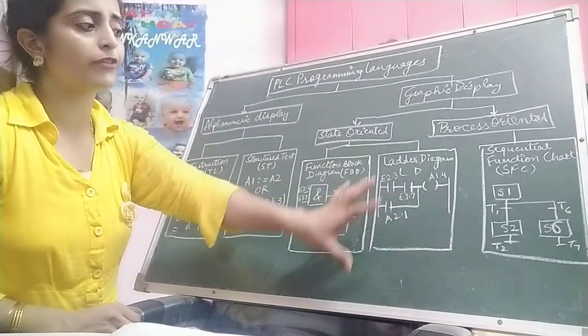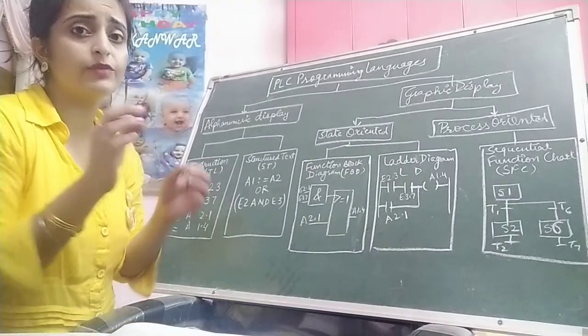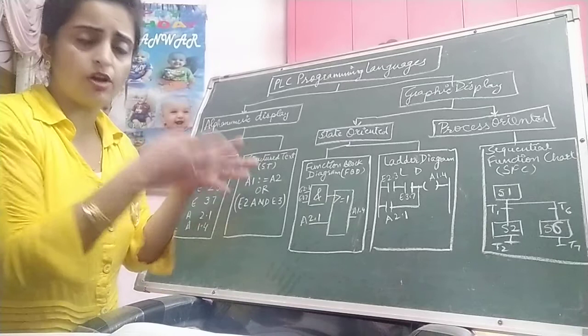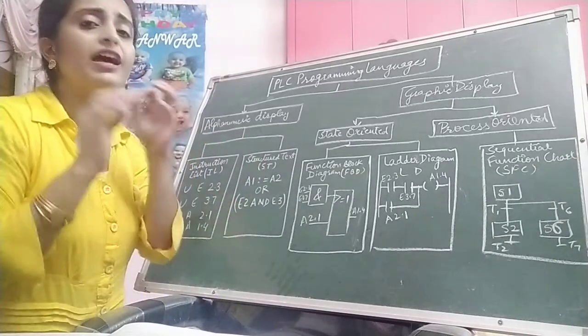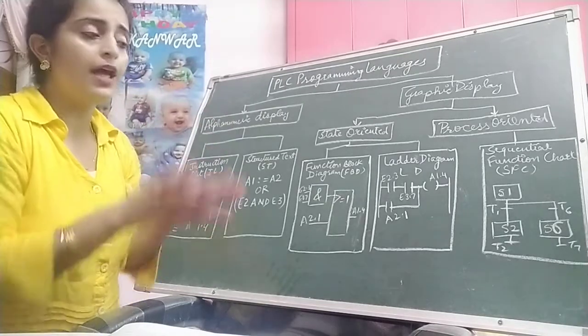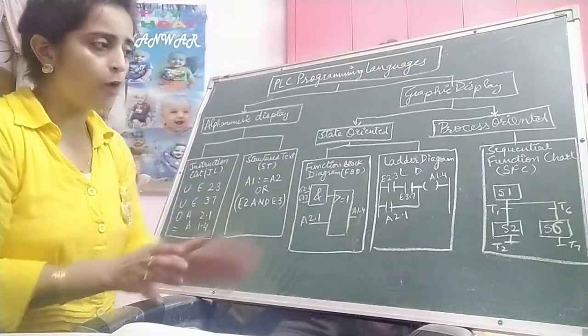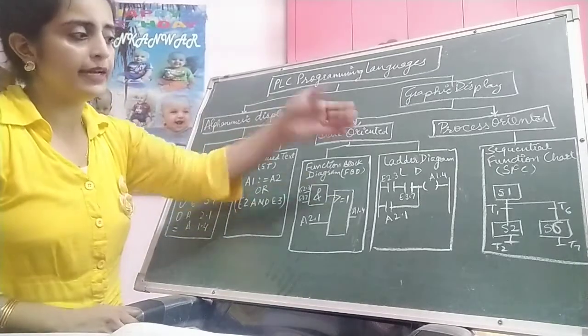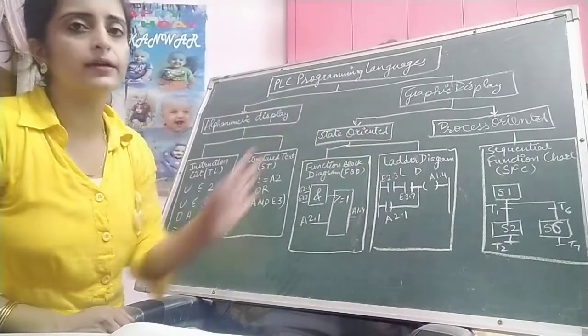Basically the symbols of the gates are being utilized, whether we use a NOT gate or AND gate or OR gate or XOR gate or whatever, we have defined symbols for the gates, and whatever the operation we have to perform, it is like a ladder. And we make the program like a ladder only.